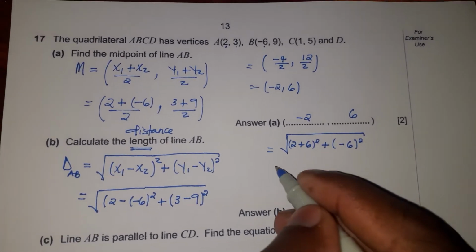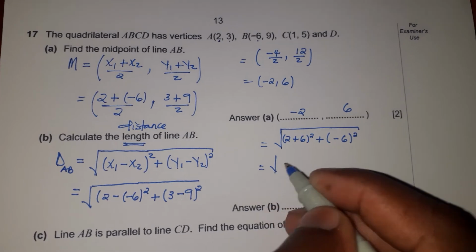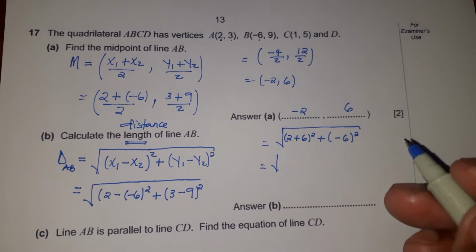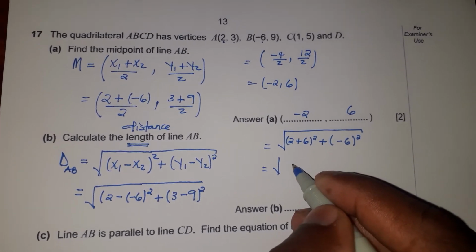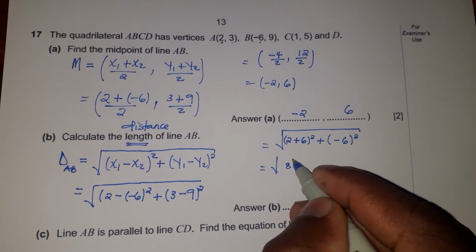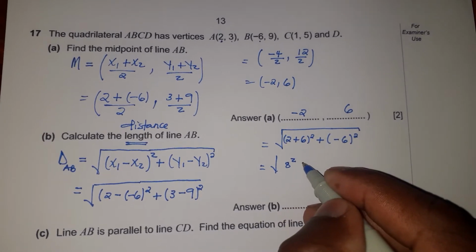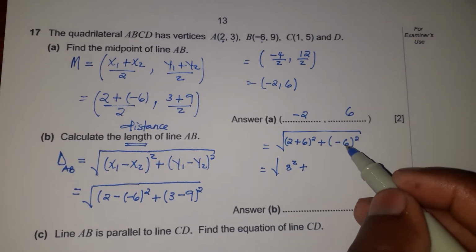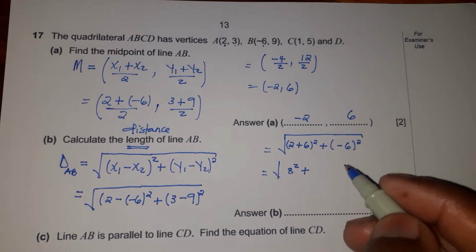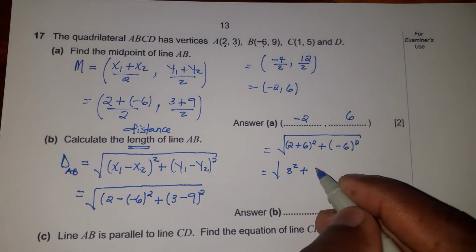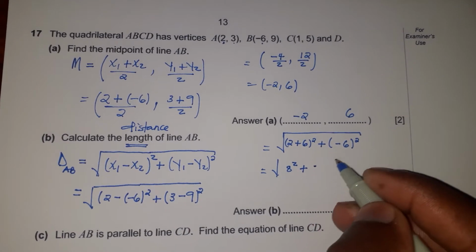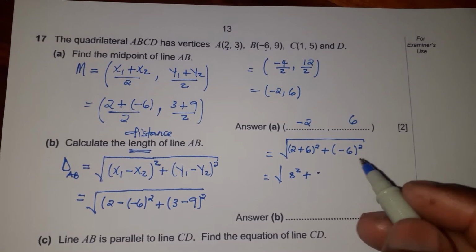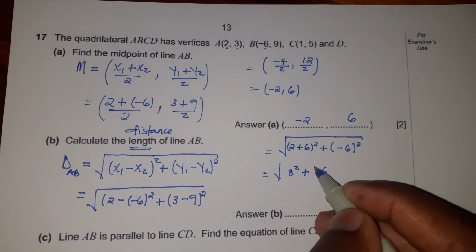Now after that, 2 plus 6 is 8, and then we square that, and then negative 6 squared is, let's write like this.